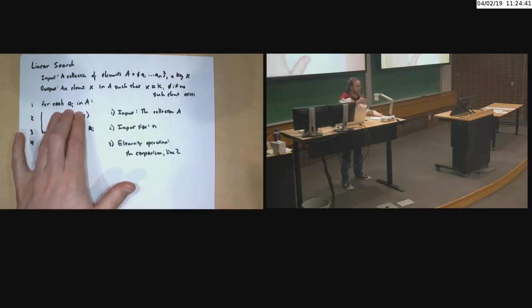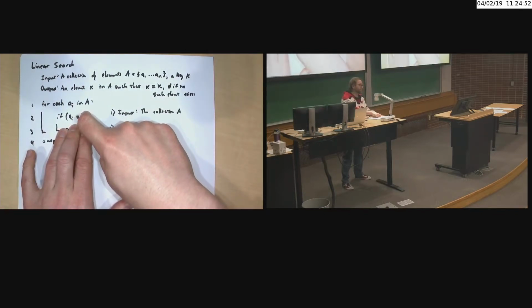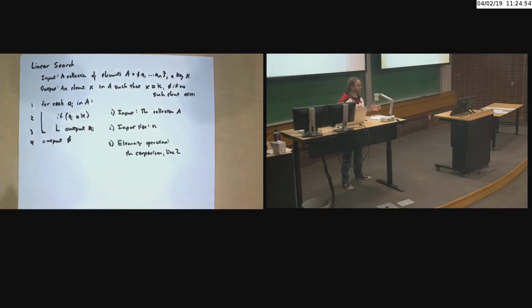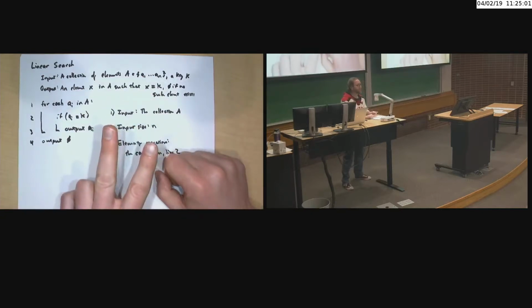Then for i equals 0, i is less than n. Well, that's a comparison too, right? But that comparison is done just as many times as this comparison is done. So if you really want to add those up, fine. I've got one comparison here, one comparison here. So one iteration of this entire loop results in two comparisons.